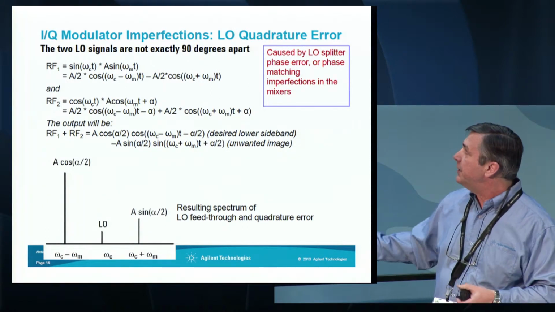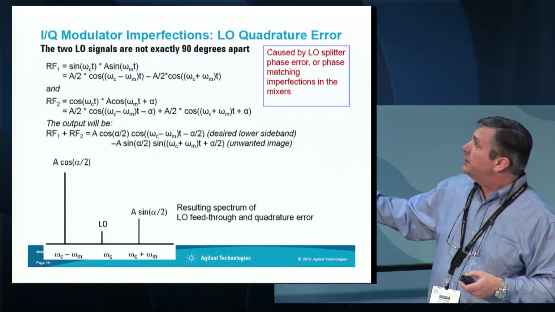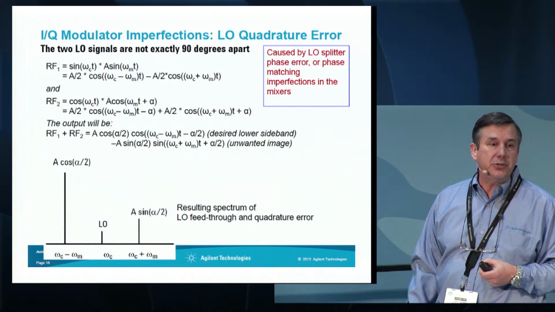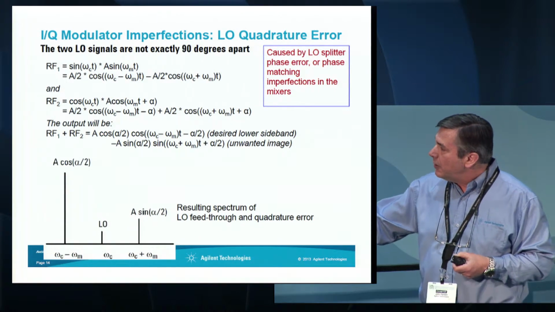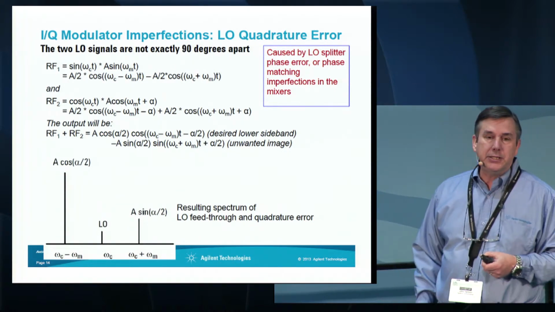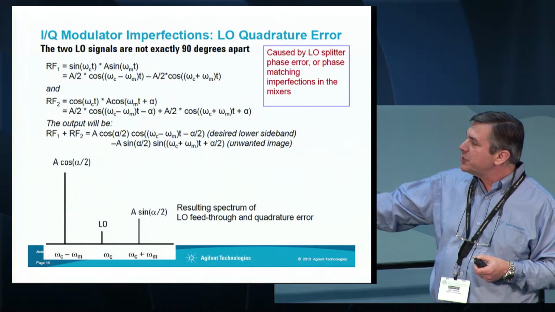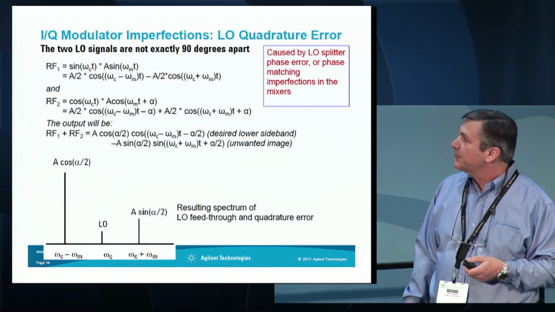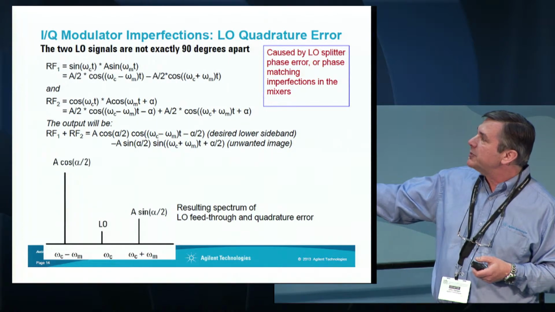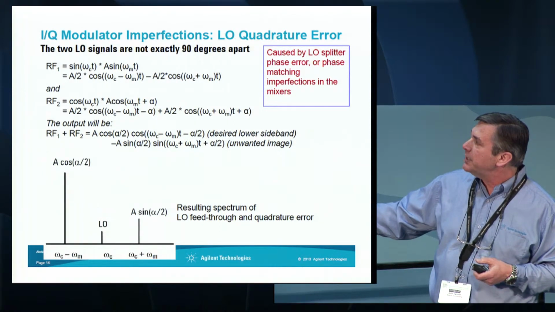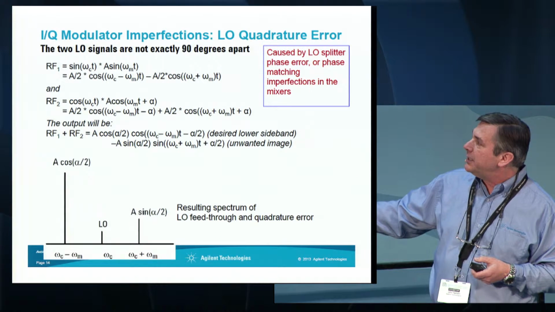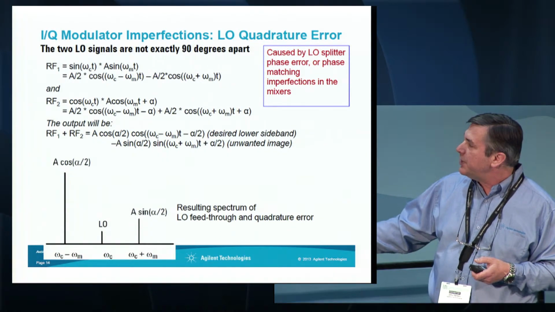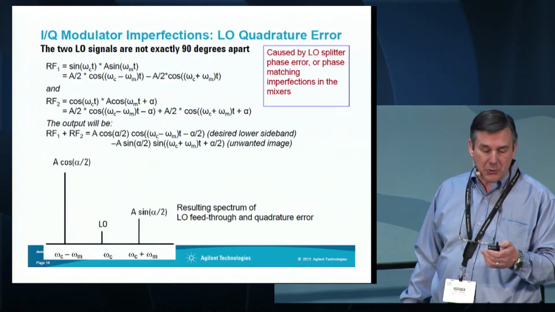So that gives you an imperfection that hits the mixers, and mathematically and deterministically you can figure out exactly what kind of image or distortion tone that you're going to get at this particular frequency. Won't go through the trigonometry here, it's pretty straightforward, but as you have an error term here in your phase, you develop an unwanted image out here due to your quadrature error.